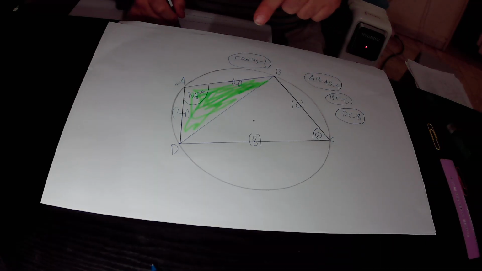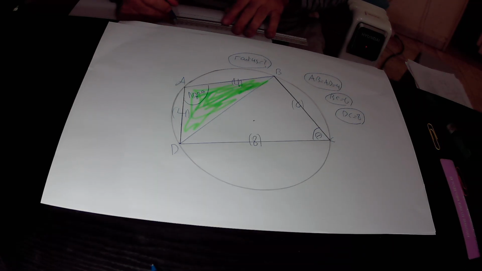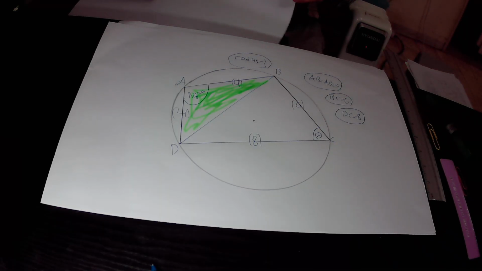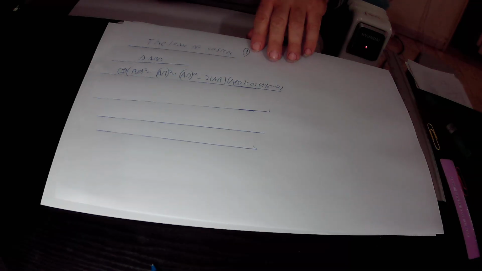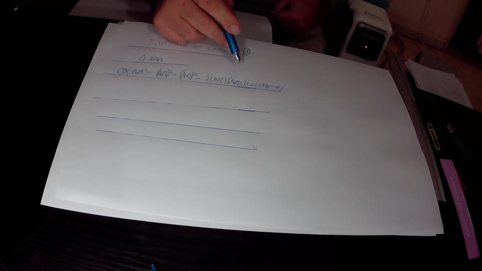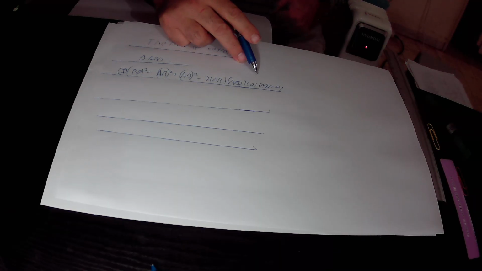Again, in triangle ABD, according to the law of cosines, the following equation is true. DB squared equals AB squared plus AD squared minus 2 times AB times AD times cosine 180 degrees minus theta.